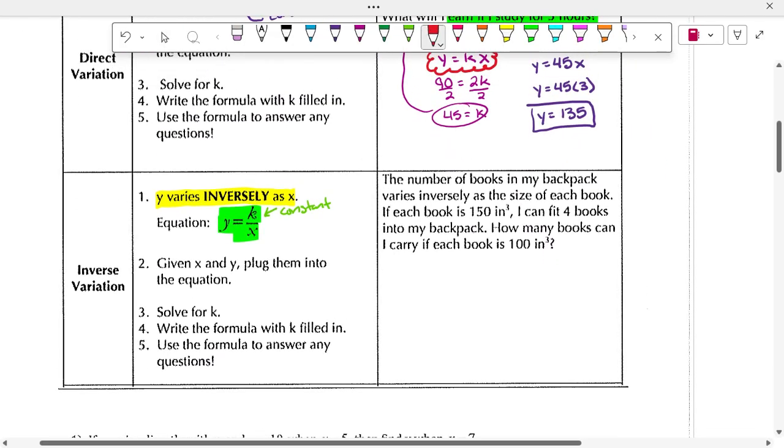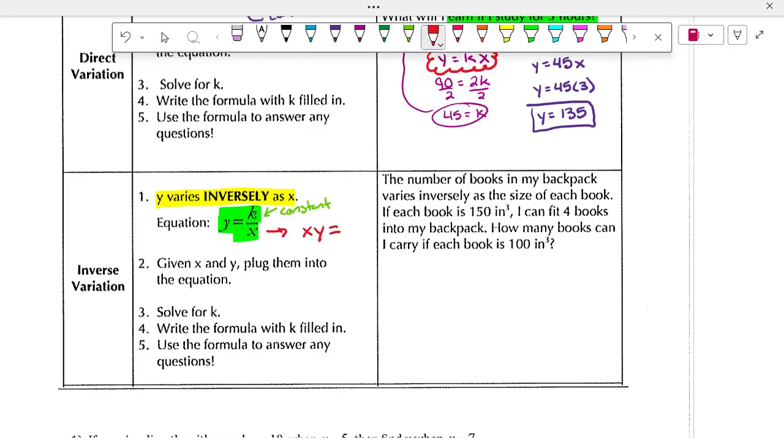A lot of times this version is confusing, so what I tell students is think about it as x times y equals k, which makes sense because if you solved for k of this equation, you multiply x to both sides, and the x on the side with the k would cancel out. So this is the formula you need to know. It's a little bit easier. Again, same process. Given the x and y, plug them into the equation, solve for k, write the formula with k filled in, and use the formula to answer any questions.